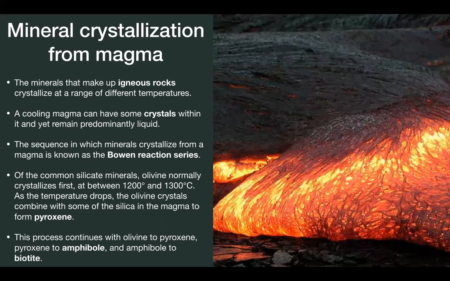Of the common silicate minerals, olivine normally crystallizes first at temperatures between 1200 and 1300 degrees Celsius. As the temperature drops, the olivine crystals combine with some of the silica in the magma to form pyroxene. This process continues with olivine to pyroxene, pyroxene to amphibole, and amphibole to biotite.